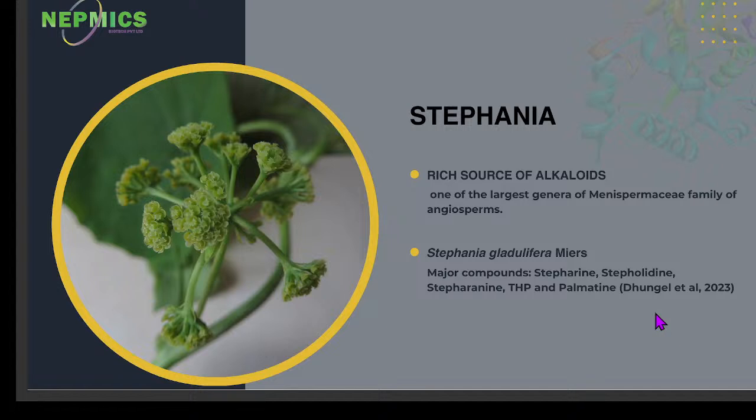The cold percolation method was used to obtain the alcohol extract, and then the alcohol extract was fractionated into different solvent extracts, and with each solvent extract repeated column chromatography was performed. Then taking those fractions, we performed preparative HPLC, and using that we isolated these compounds, and then 2D NMR and mass spectrometry were performed to elucidate those structures.